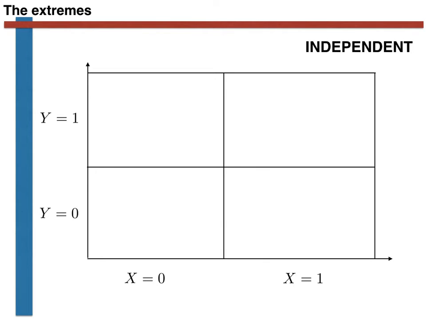The first of these geometric arguments is based on this diagram that we've already introduced. Remember that the rectangles in this figure have areas that are proportional to the probability of having x equals 0 and y equals 0, x equals 0 and y equals 1, x equals 1 and y equals 0, and x equals 1 and y equals 1.